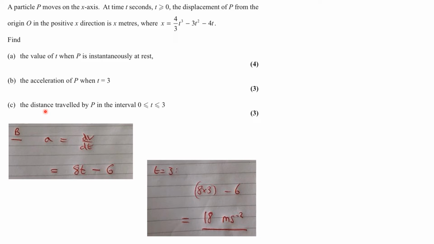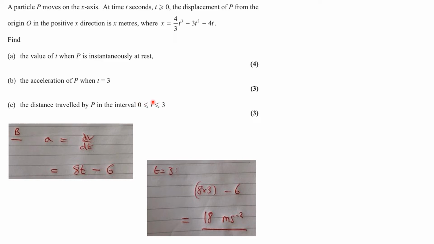The displacement and the distance are not necessarily the same thing. I mentioned in a previous video, you can look at that for a detailed explanation, that you must check if the velocity is 0 in the interval between 0 and 3.